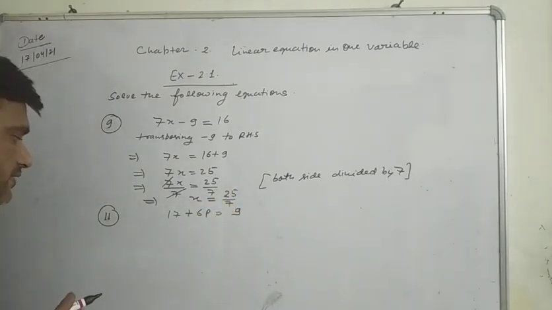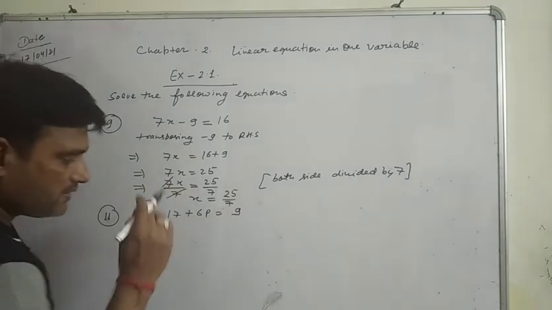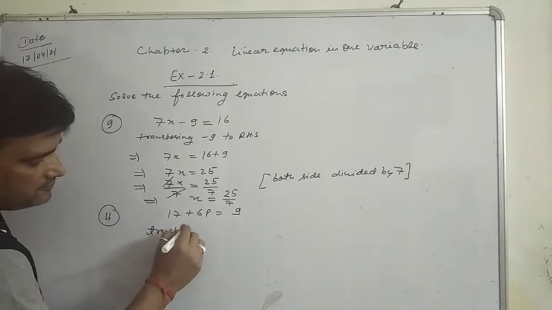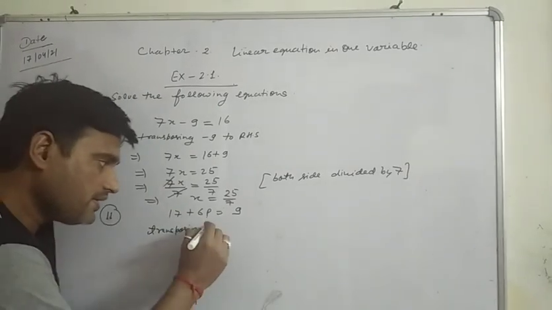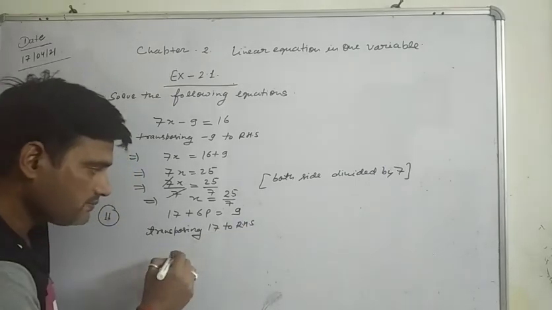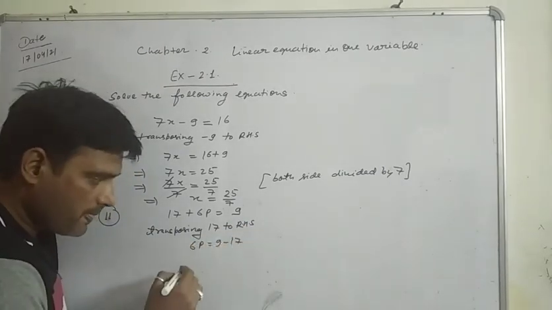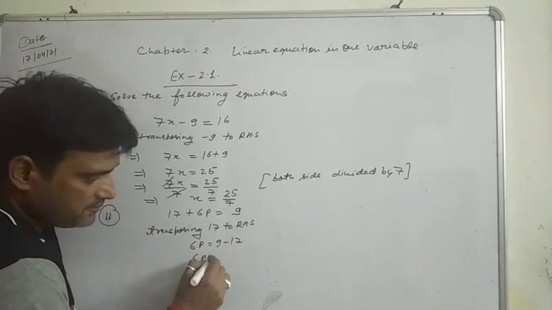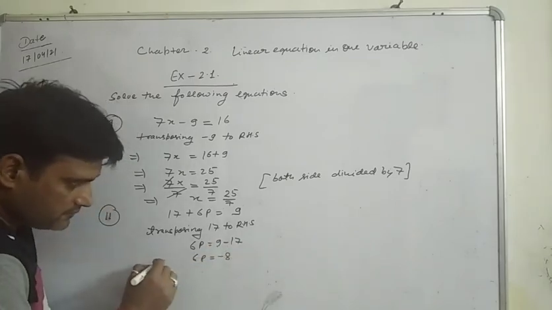Now we solve question number 11. 17 + 6p = 9. Transposing 17 to RHS, now 6p = 9 - 17. Now 6p = -8.